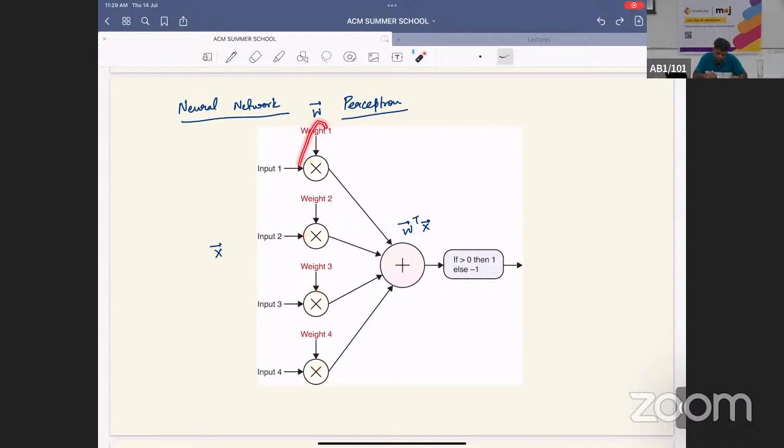Okay. These weights we can group into a vector W bar, and the input is the X bar which is being fed. This W bar transpose X bar is the inner product. The entire module could be simplified as W bar transpose X bar, an inner product between the weight vector and the input vector.